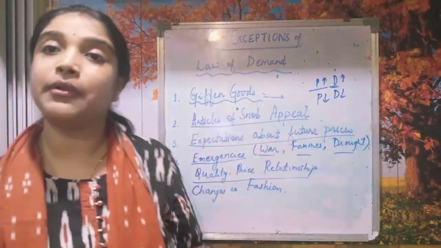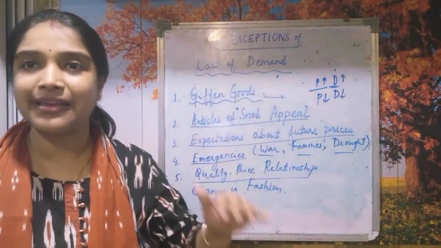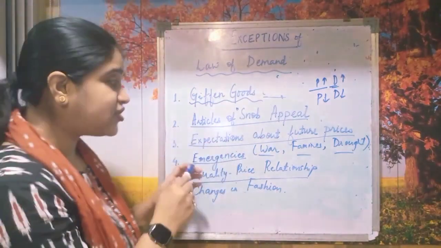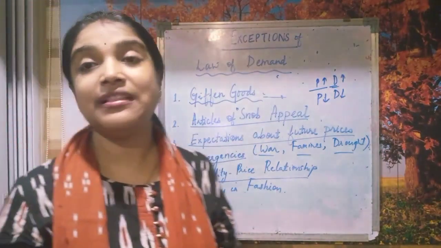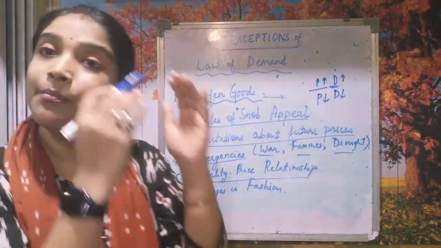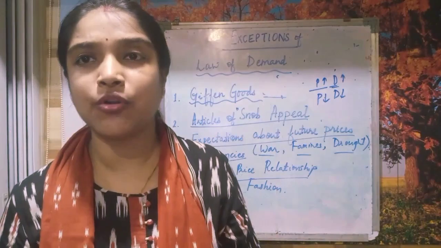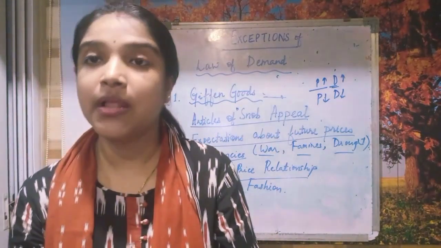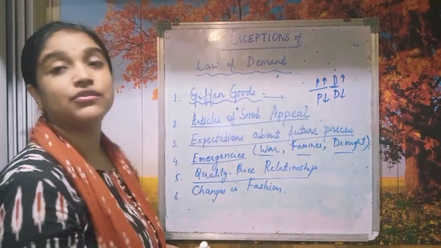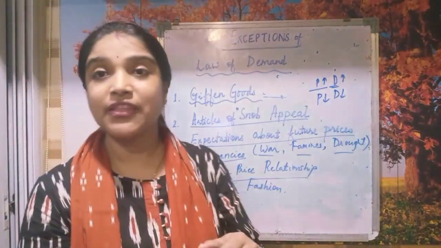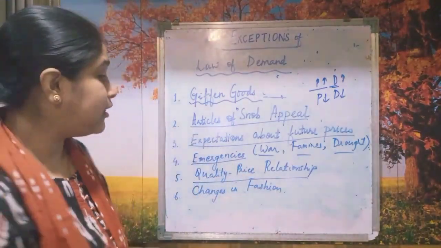But there are some people who are very much driven by the variable of price. Okay, so such type of people who only feel that high priced goods are better quality products and low priced goods are poor quality products, for such type of people the law of demand is not followed. So quality price relationship is something which falls as an exception to the law of demand.